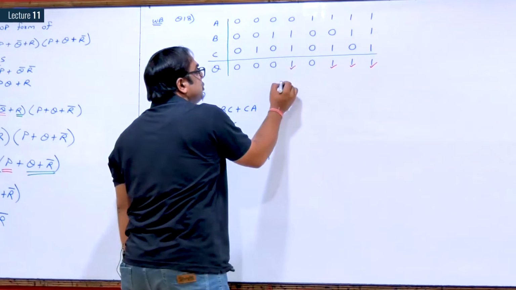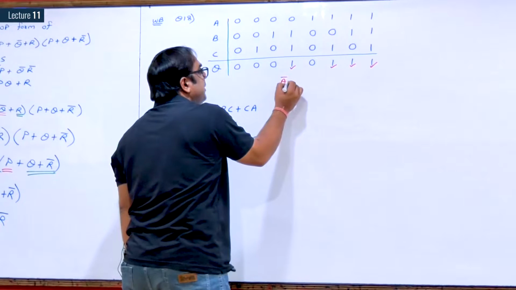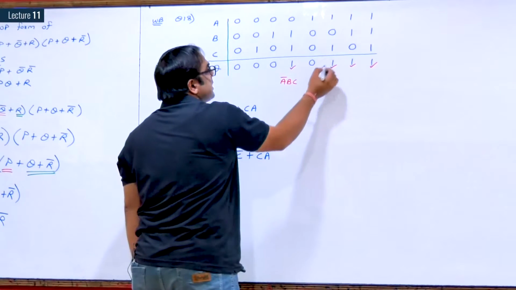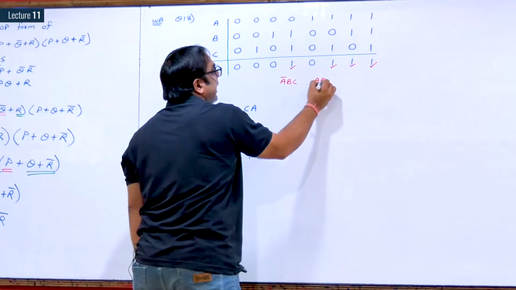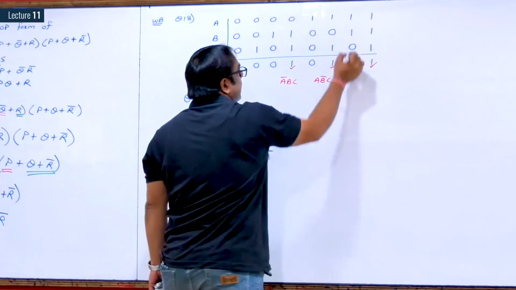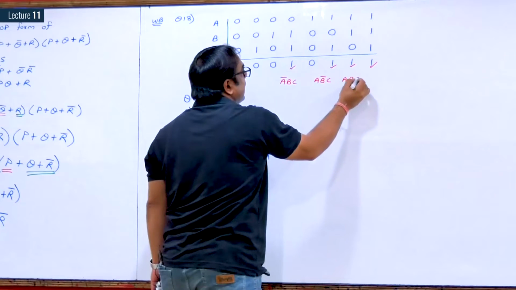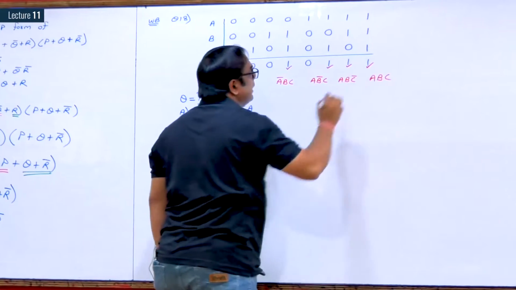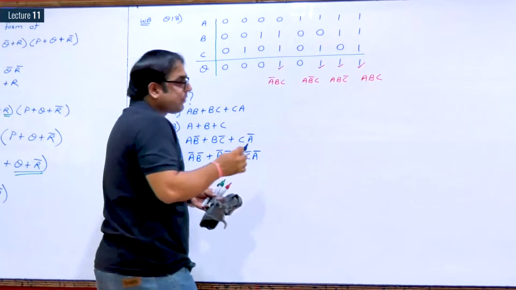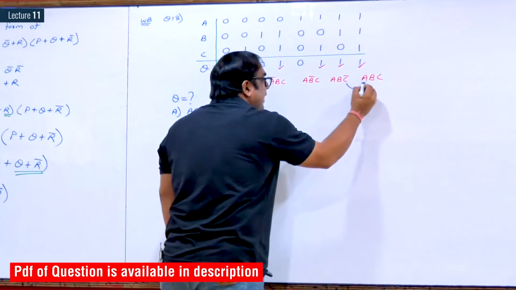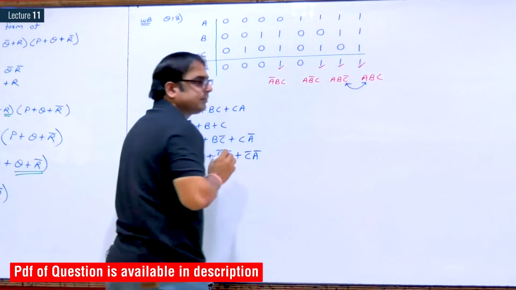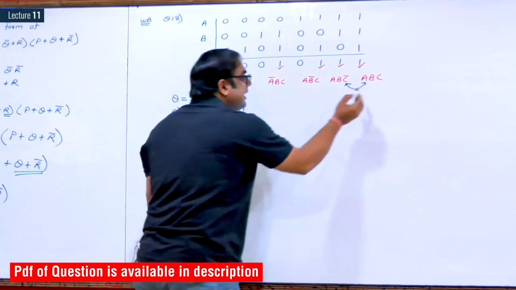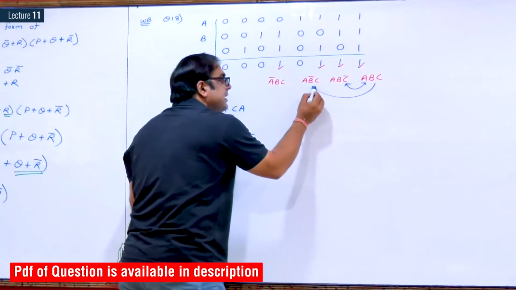This combination will give me A complement B C. This combination will give me A B complement C. This combination will give me A B C complement. And this combination will give me A, B and C. In these two, you can take AB common. In these two, you can take AC common.